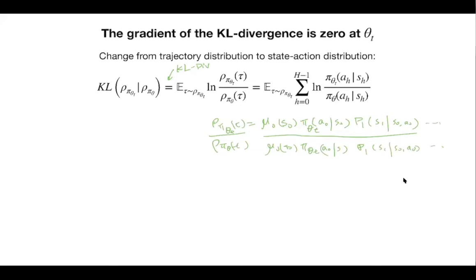This is pretty nice because I can now just cancel a bunch of terms, because these two definitions share the same initial state distribution and they share the same transition. The only difference is the policies. So I just cancel these common terms, and now I arrive at this expression. One more step is let's add log on both sides.